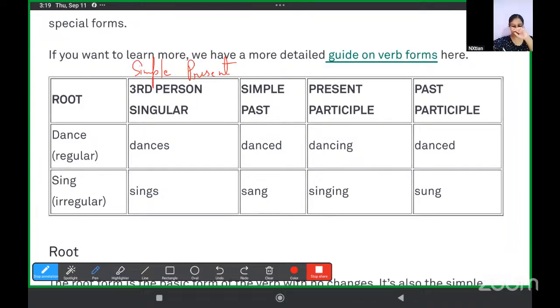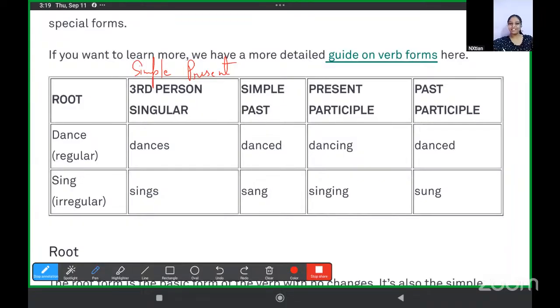Yes, Cedric, so the fifth form of the verb is the third person singular form. And the sixth form? I think there are only five forms. As far as I've seen, there are five forms.